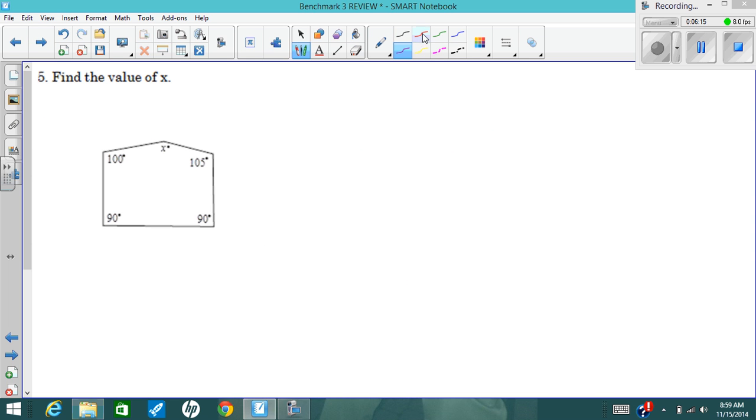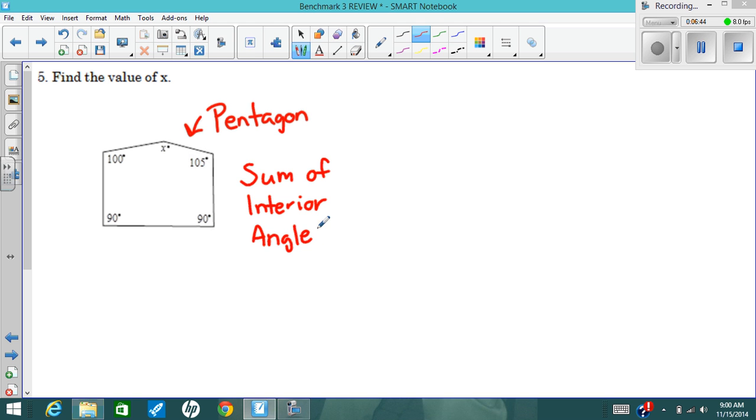Here we're finding the value of x in this figure, and this figure right here is a pentagon. It has 5 sides. All of these things that are labeled 100, 90, 90, 105, x, they're interior angles. And we can always find out what the sum of the interior angles are for any polygon.